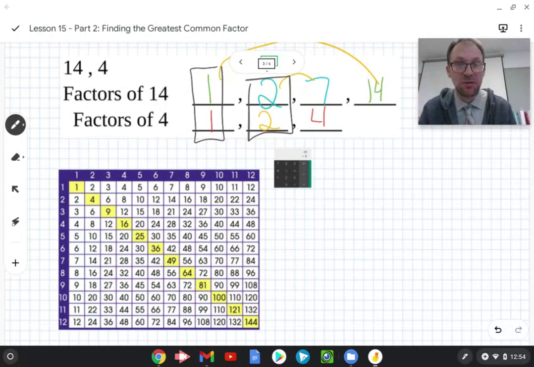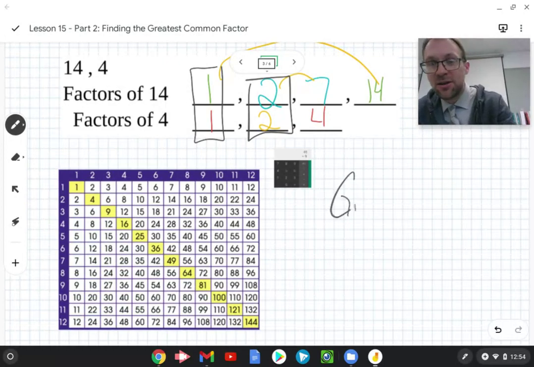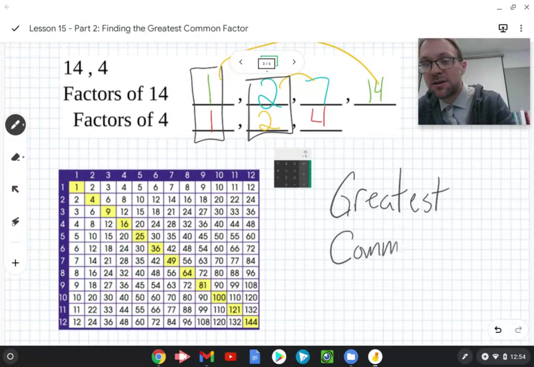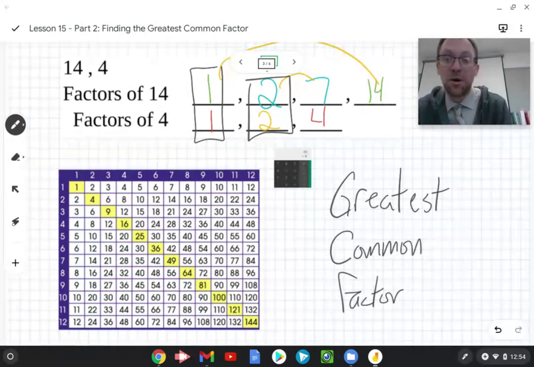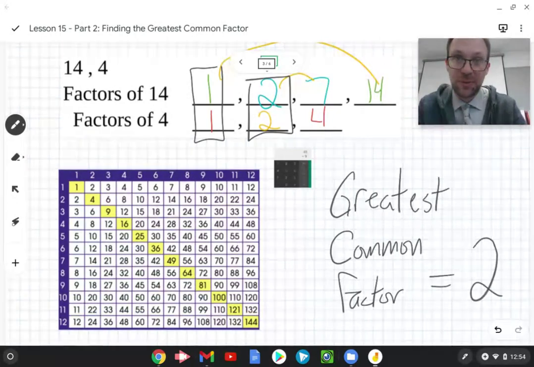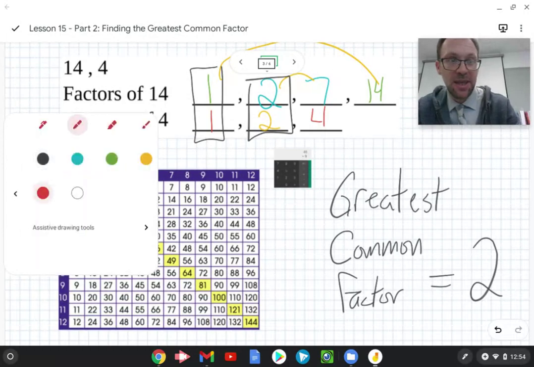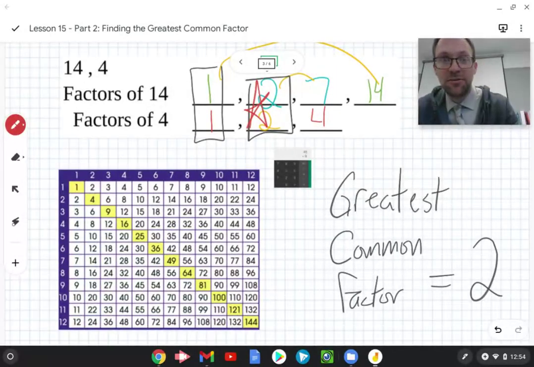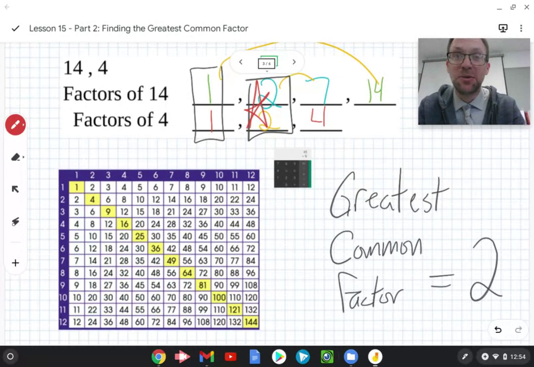And what's the biggest of those 2 numbers? The greatest? You're right, you got it. It's 2. So the greatest common factor of 14 and 4 is 2. That is it. And that is how you find the greatest common factor of a set of numbers. You factor out each number, you compare the lists, and look for the biggest number that they have in common.